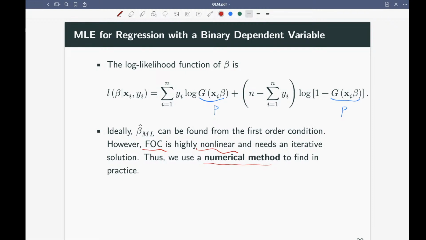Because it's a nonlinear form, unless it's an identity link, like OLS. In another link function, you should use the nonlinear form, so you cannot directly find the result. We should use a numerical method, such as Newton-Raphson or some other method, to calculate this result and estimate the coefficient.